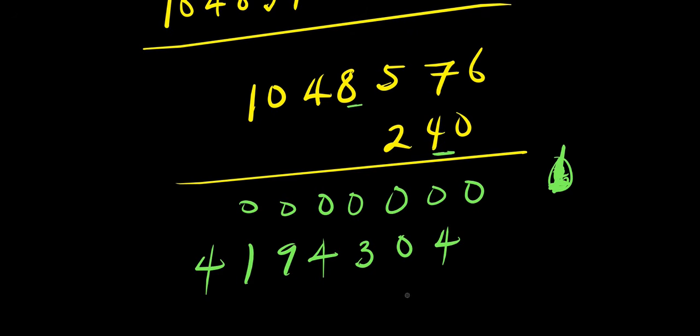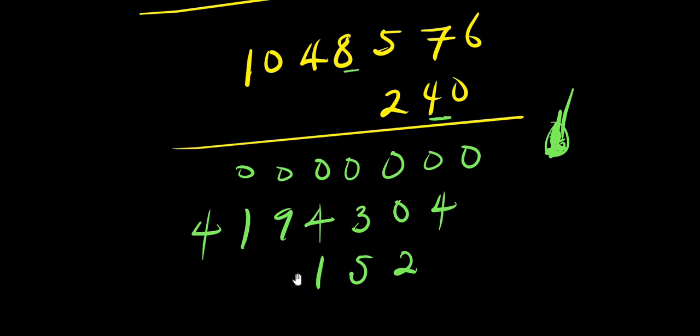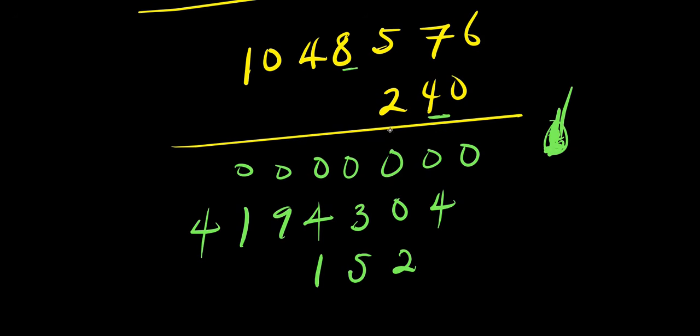Then 2 times 6, 12, 2 carry over 1. 2 times 7, 14 plus 1, 15, 5 carry over 1. 2 times 5, 10 plus 1, 11, 1 carry over 1. 2 times 8, that is 16, 16 plus 1, 17, 7 carry over 1. 2 times 4, 8 plus 1, 9. 2 times 0, 0. 2 times 1, you have 2.